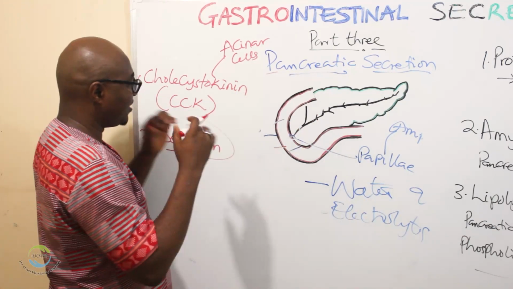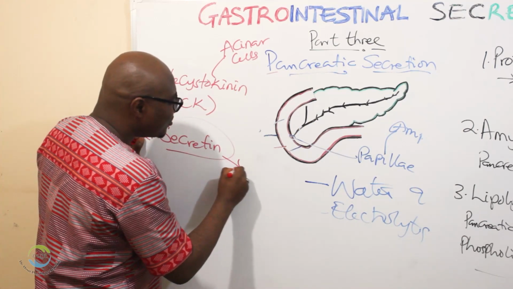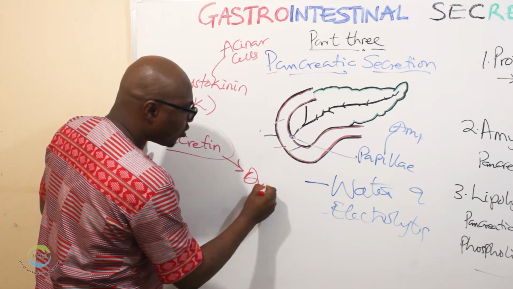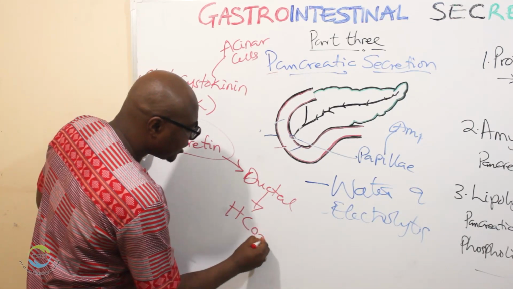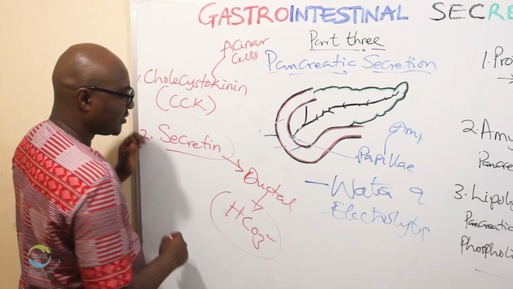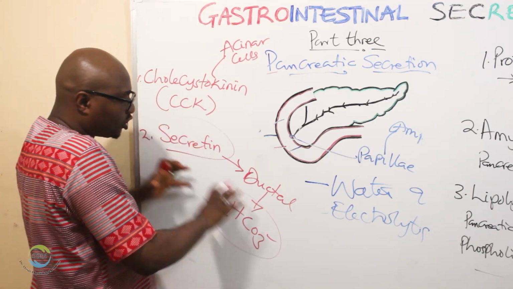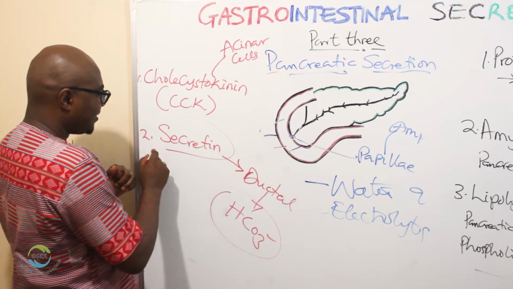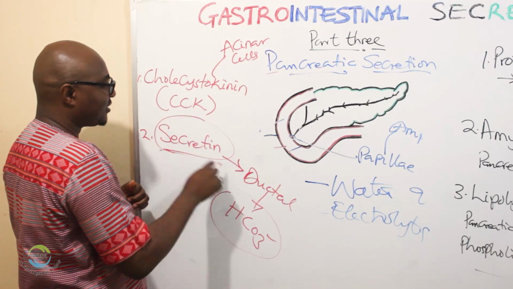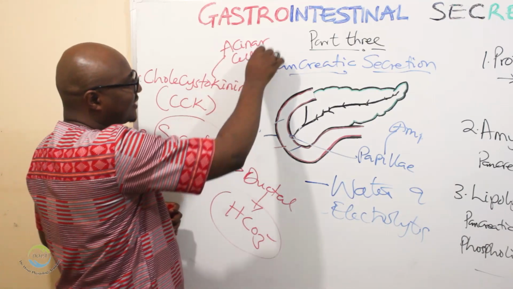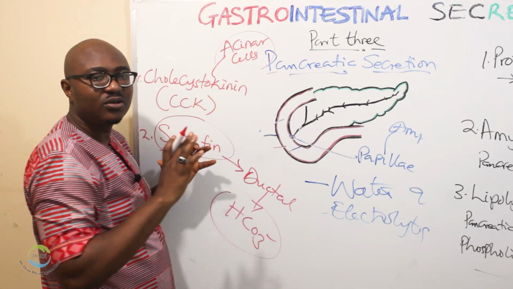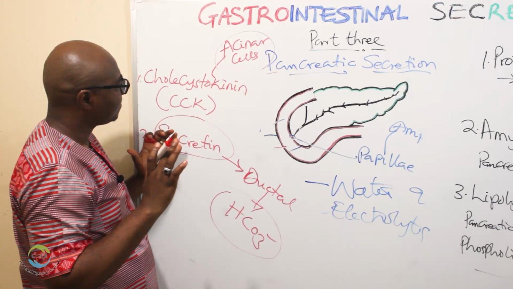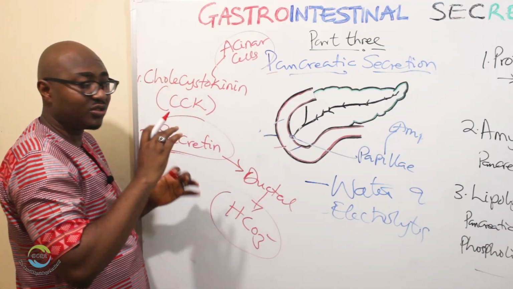Secretin stimulates the ductal cells more, which secrete HCO3, bicarbonate, and electrolytes. So the watery component is stimulated by secretin, while the enzyme-rich component is stimulated by cholecystokinin. Okay, these are 2 major hormones you need to know.